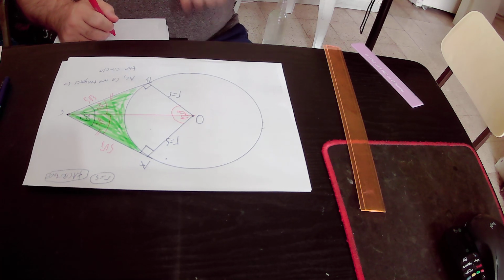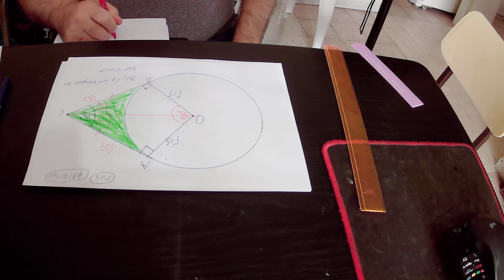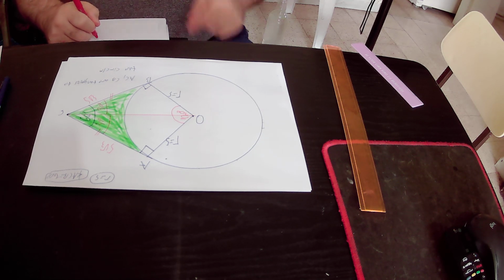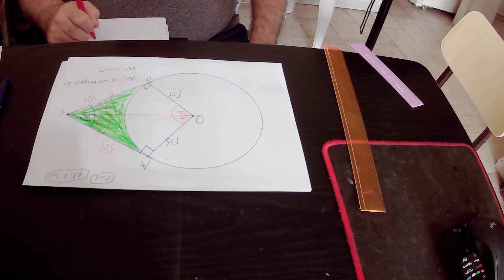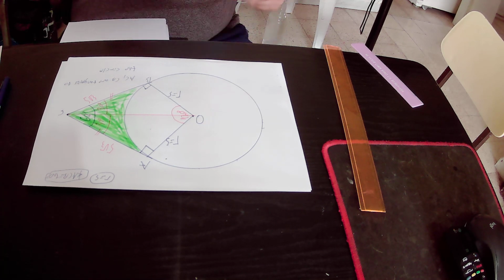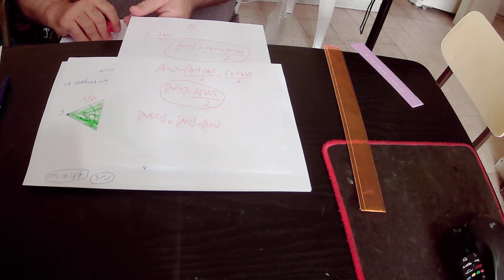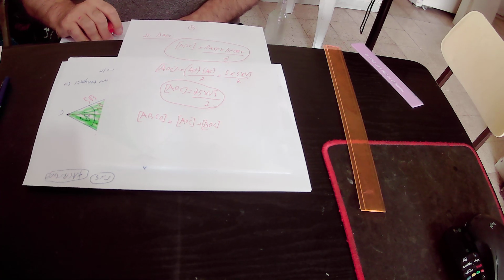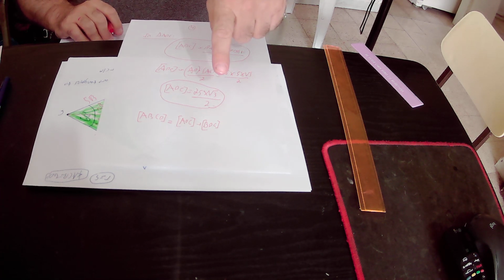So the area of quadrilateral ABCO will be equal to the area of triangle AOC plus the area of triangle BOC.